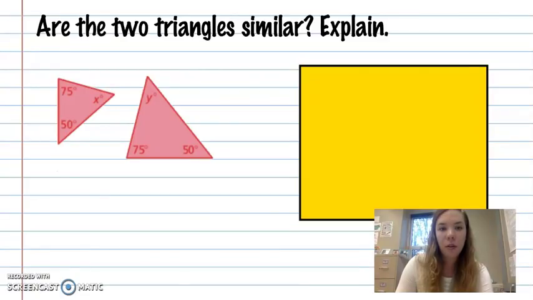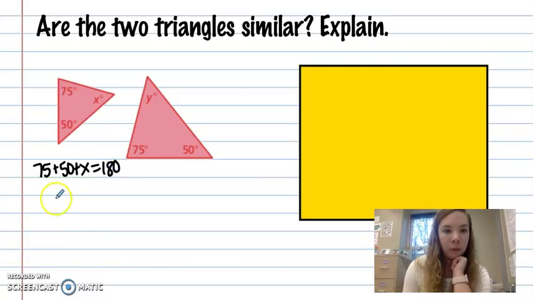Are the two triangles similar? Explain. So first thing we have to do is find our missing angle, which we were working on last week. So 75, 50, and X have to add to 180. Okay, so that'd be 125 plus X equals 180. So X is 55.